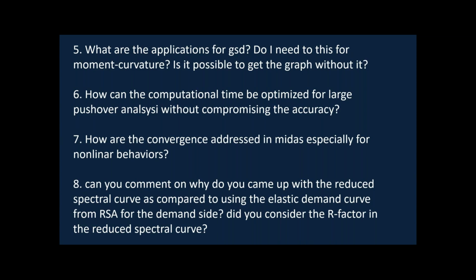So to match that spectral acceleration in both the demand and the capacity, and to have similar damping, we need to reduce the demand. This can also be verified from any performance based design theory book. We can see that there.